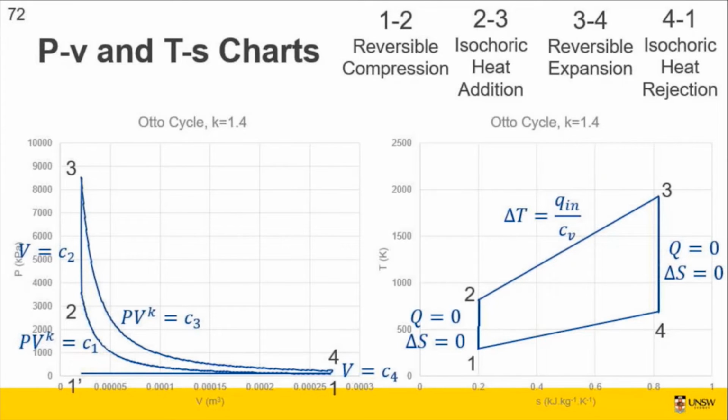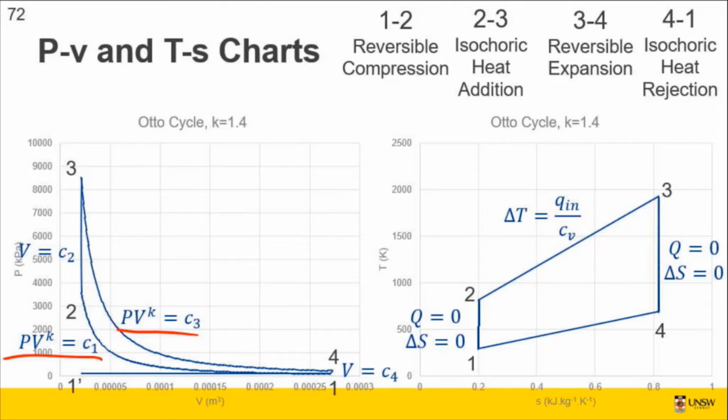What does it look like on a PV and TS diagram? Unfortunately, I chose to do the motorbike, so it's got a large compression ratio, so this looks a little bit thin, right? But we've done isentropic expansion and compression before as single processes, so we know PV to the K equals some constant during the isentropic compression and expansion.